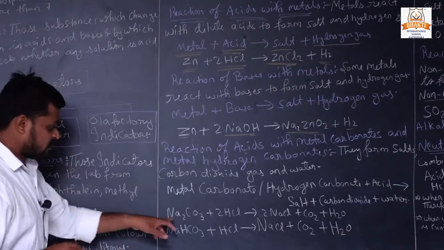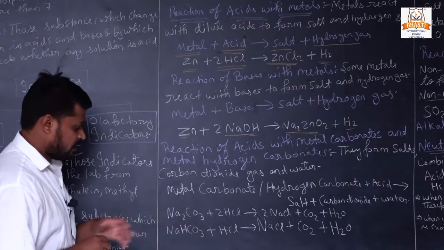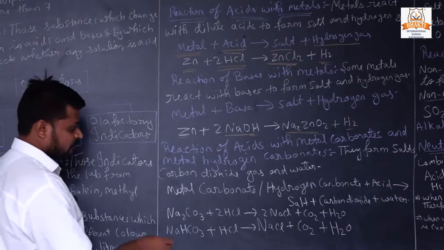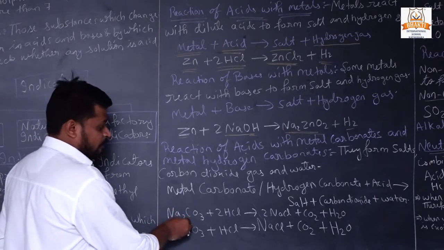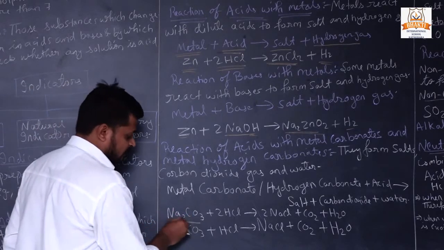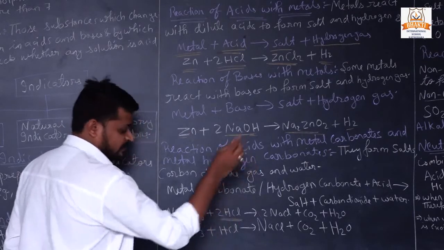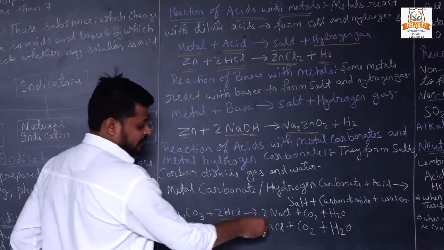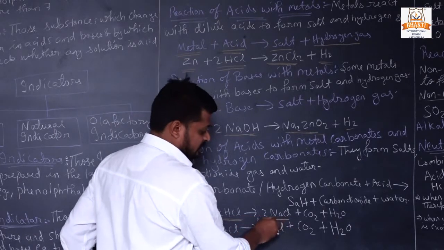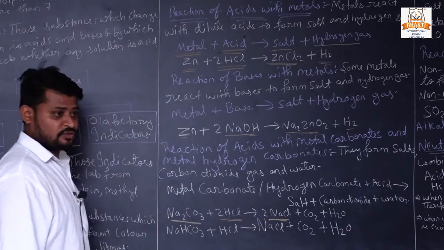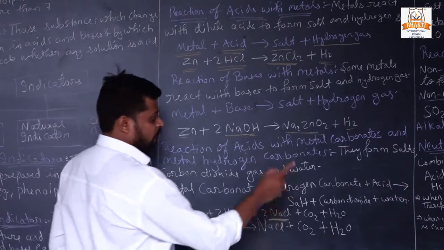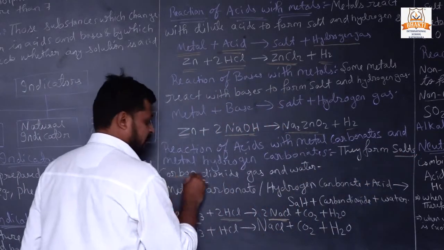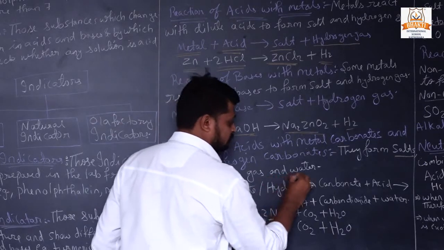Now see here, Na2CO3, a metal carbonate, reacts with HCl acid. When metal carbonate reacts with acid, it gives us NaCl. What is NaCl? Sodium chloride. So what do we get? Salt, carbon dioxide and water.